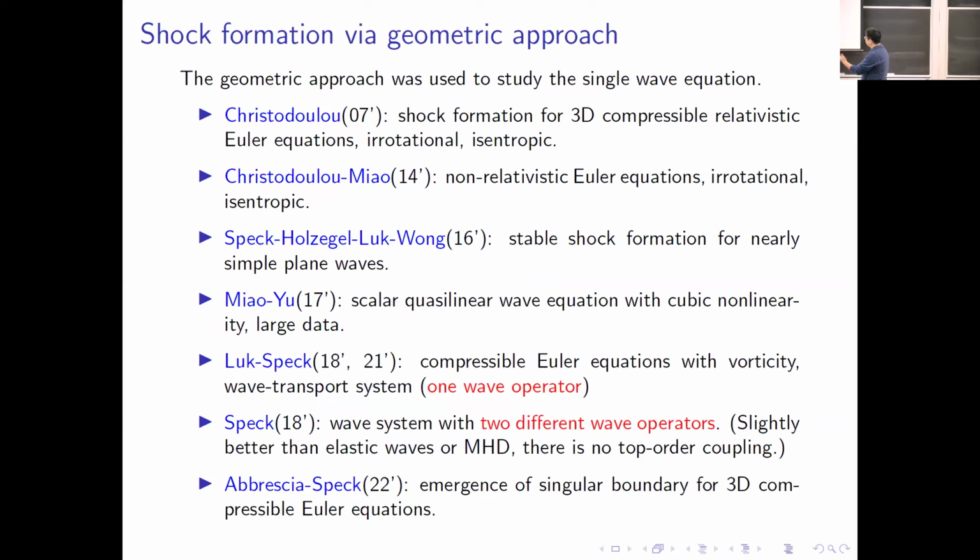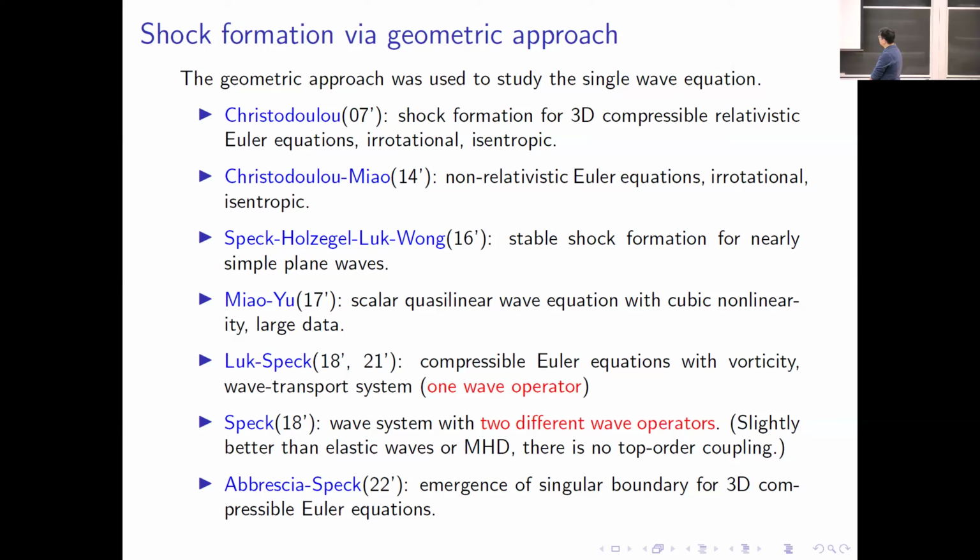So there is a geometric approach which is used to study quasilinear wave equations and to show that shock formation can actually form geometrically. There are old results using other methods, but when we consider the geometric method, it starts from Christodoulou in 2007.